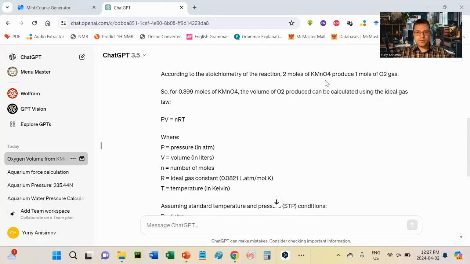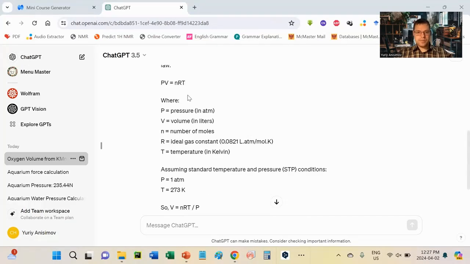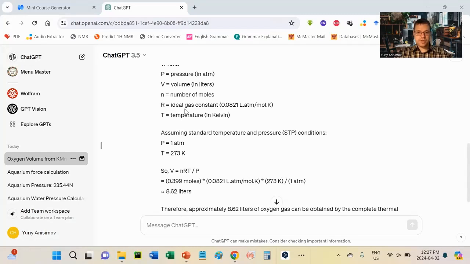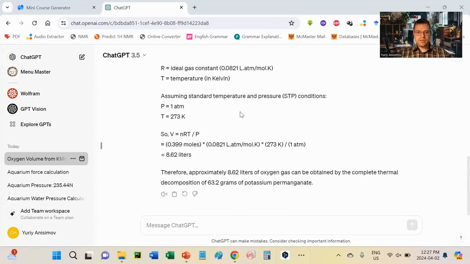Okay, so 2 moles of KMnO4, then PV equals nRT. Well, usually we take the standard temperature and pressure, STP conditions. I won't calculate this, it's too long. It's already known that 1 mole of any ideal gas takes 22.4 liters of volume.